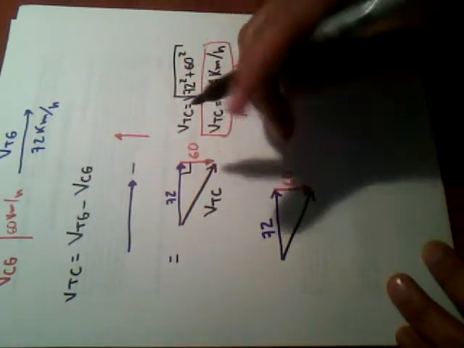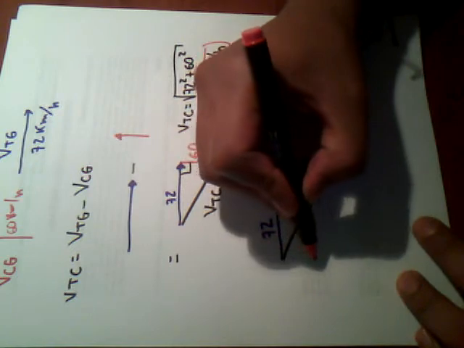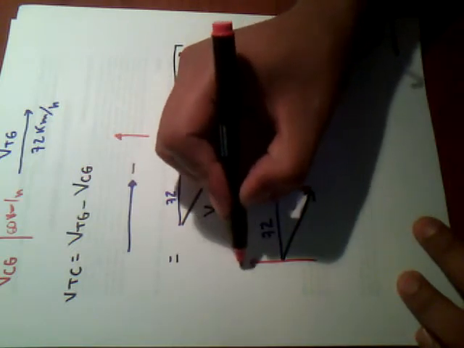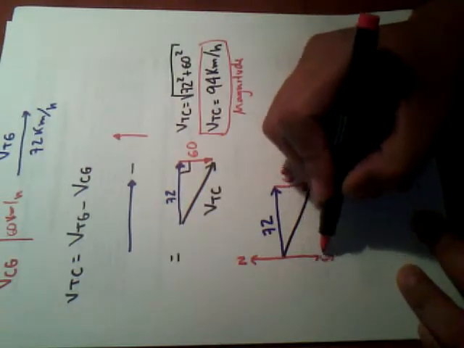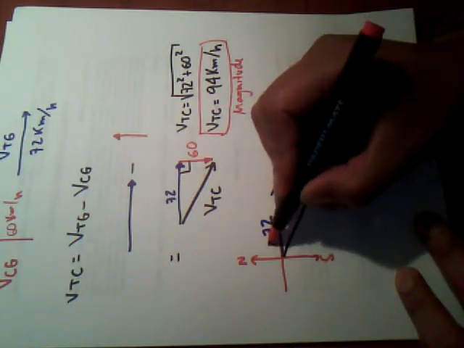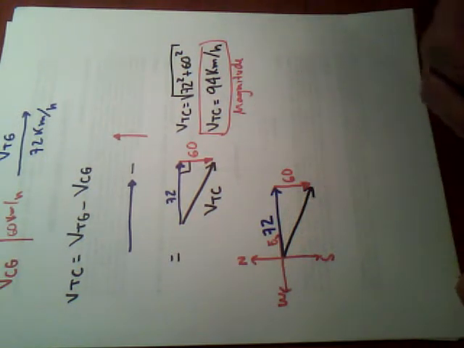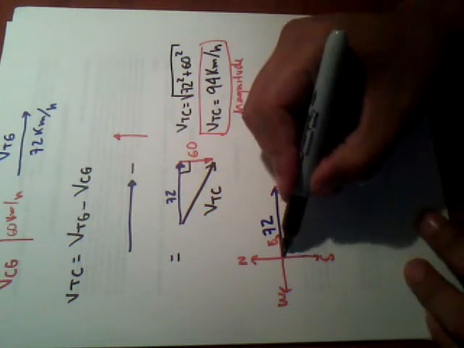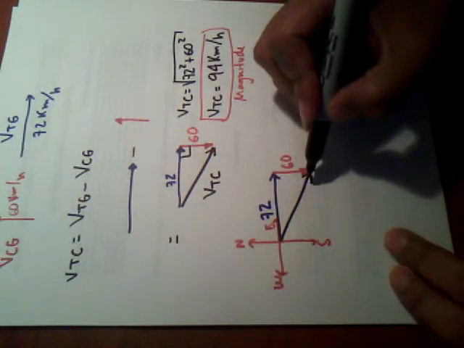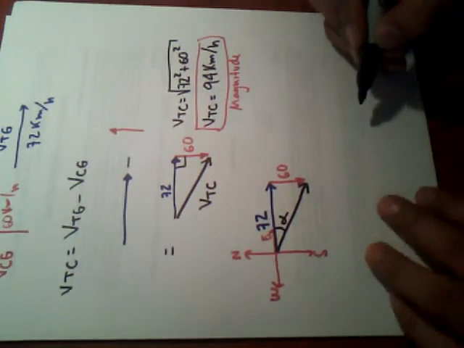This is the same triangle, you can see. And to give the direction, which is what I'm missing, I'm gonna draw this north, south, east and west, to know what angle I have to find. So the direction of this vector over here is given by this angle. I'm going to call this angle alpha.